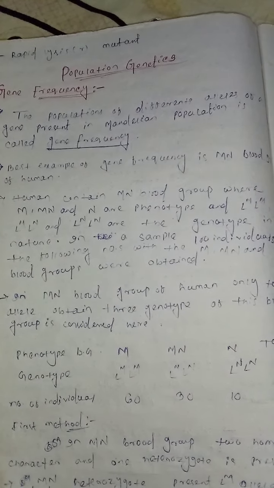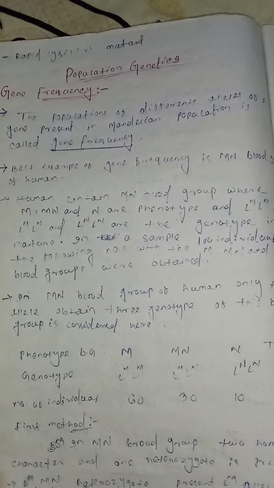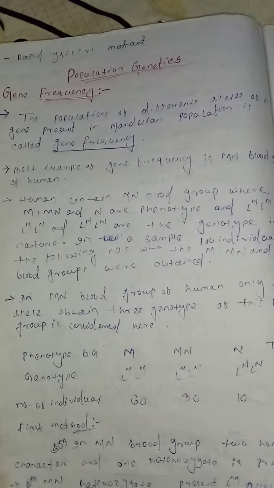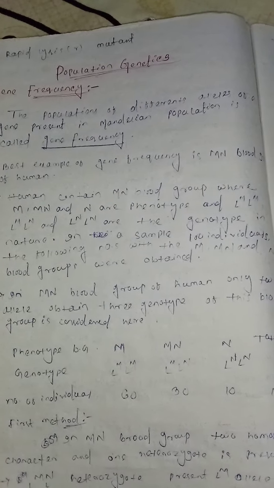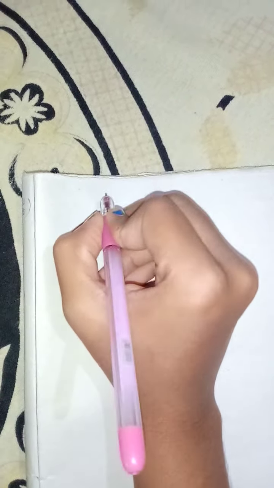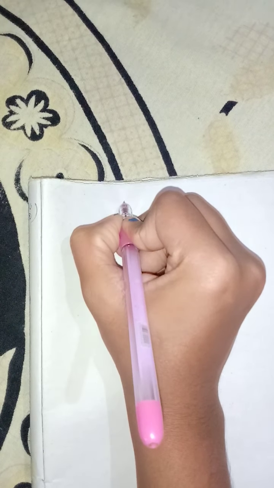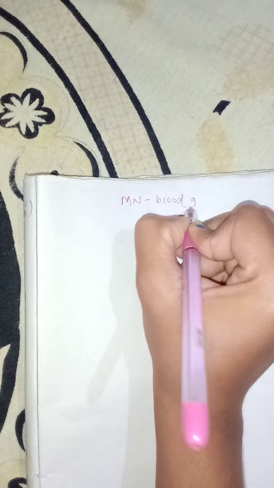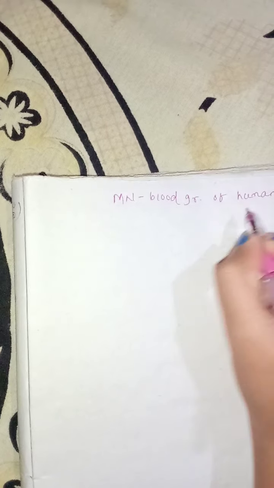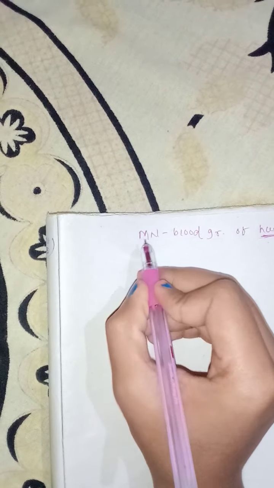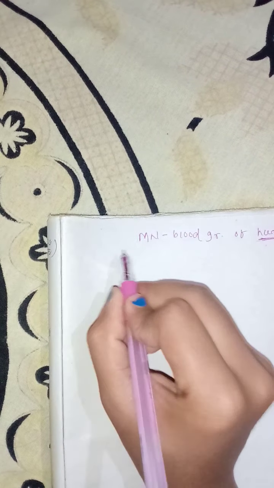The MN blood group of humans is the best example of gene frequency.